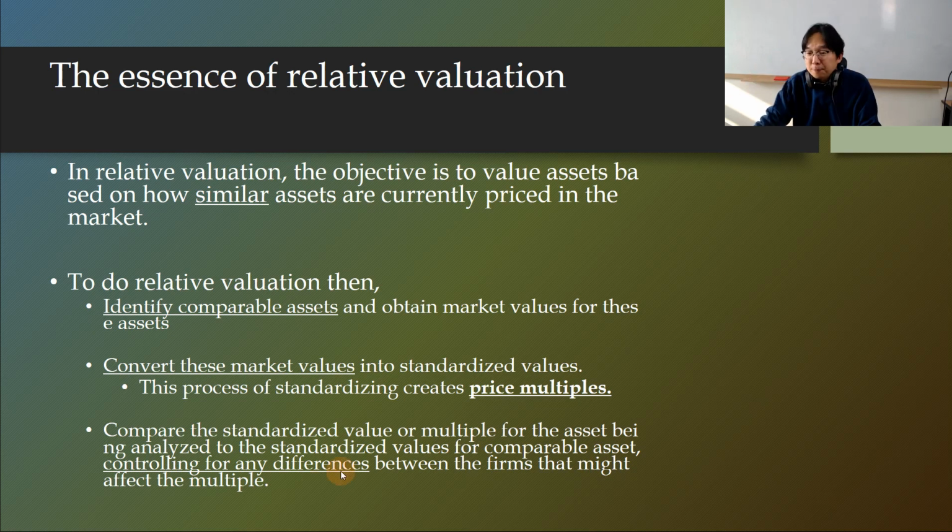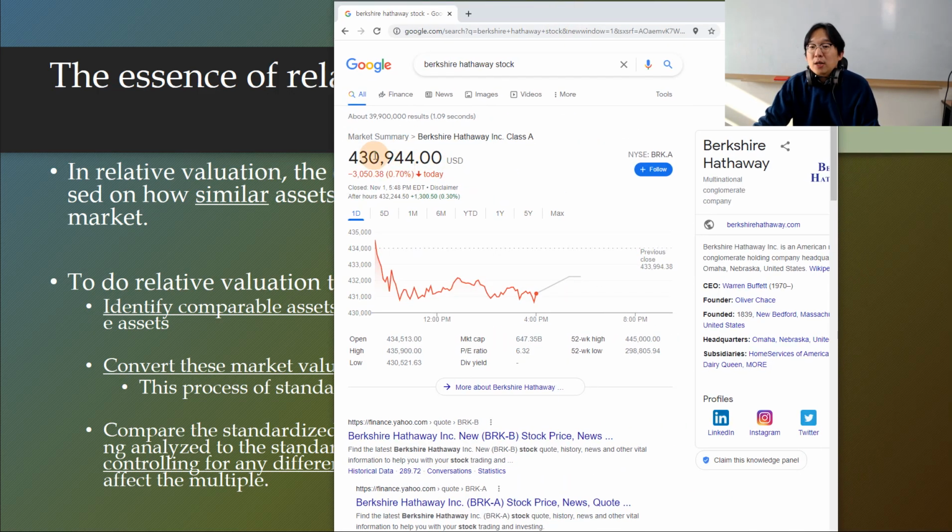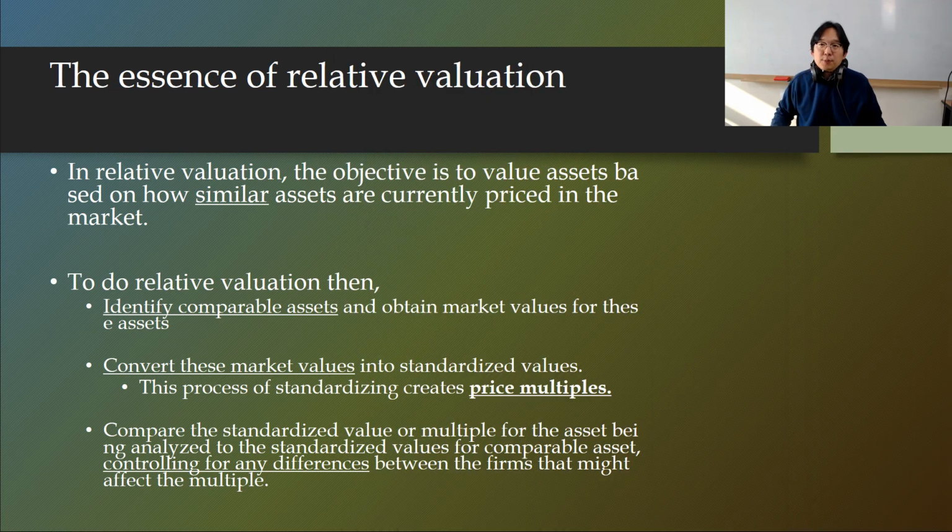Price multiples. This price, Berkshire Hathaway versus Samsung, you cannot compare directly. But you can still compare by dividing each price per share by each company's earnings per share. Dividing this price by EPS, earnings per share. For a given dollar of net income that the company generates, how much are the investors in the market willing to pay for that stock, right?